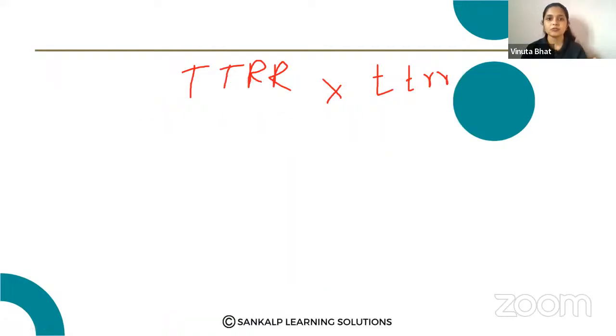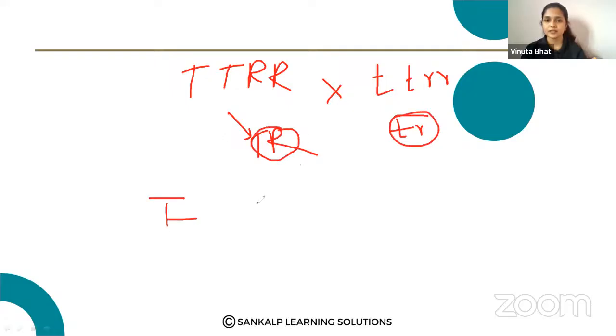Here capital T is the dominant character and small t is the recessive character. The gametes they produce are capital T capital R and small t small r. When these gametes fuse, the F1 generation will be capital T small t, capital R small r.